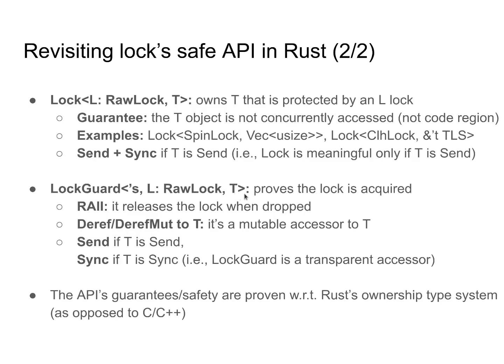It is a proof that you have acquired a lock. When you call acquire for this lock type, you are going to get the lock guard. That means that you acquired the lock and you are holding the lock, and it's meant to prove the lock is acquired.